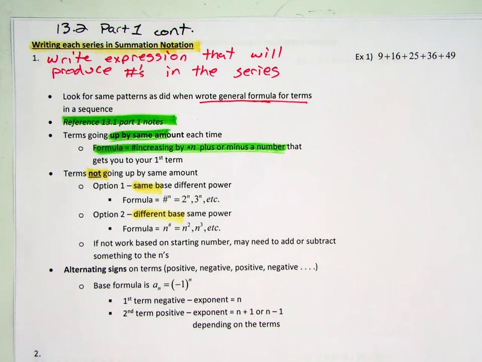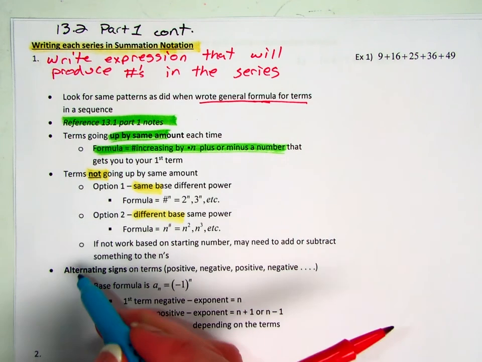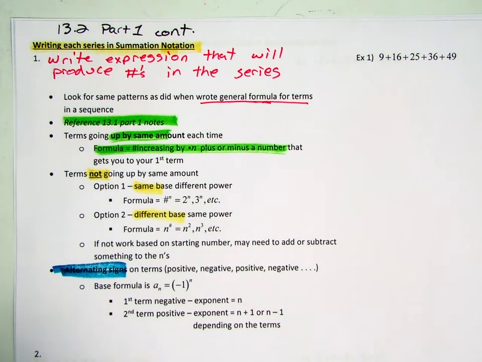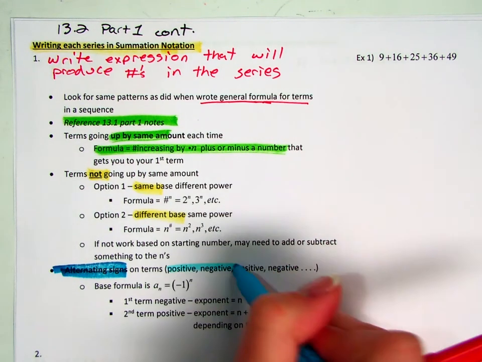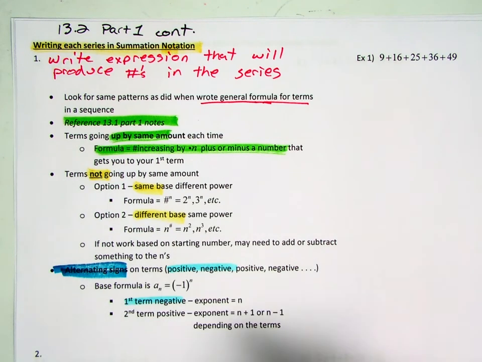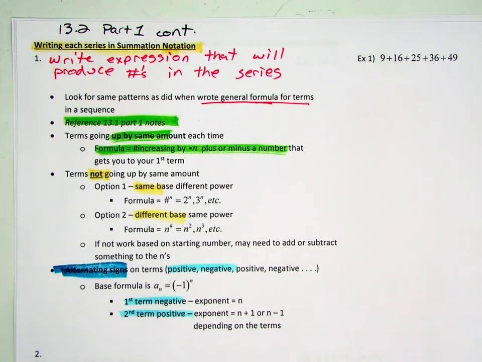And we also have to look at alternating signs. Oops, sorry about that. That shouldn't have made it that dark. So we're going to look for alternating signs. In other words, if it's positive then negative, and if our first term is negative, we start out one way. If our second term is positive, we start out the other way. And that's the stuff that we had looked at, like I said, in 13.1.